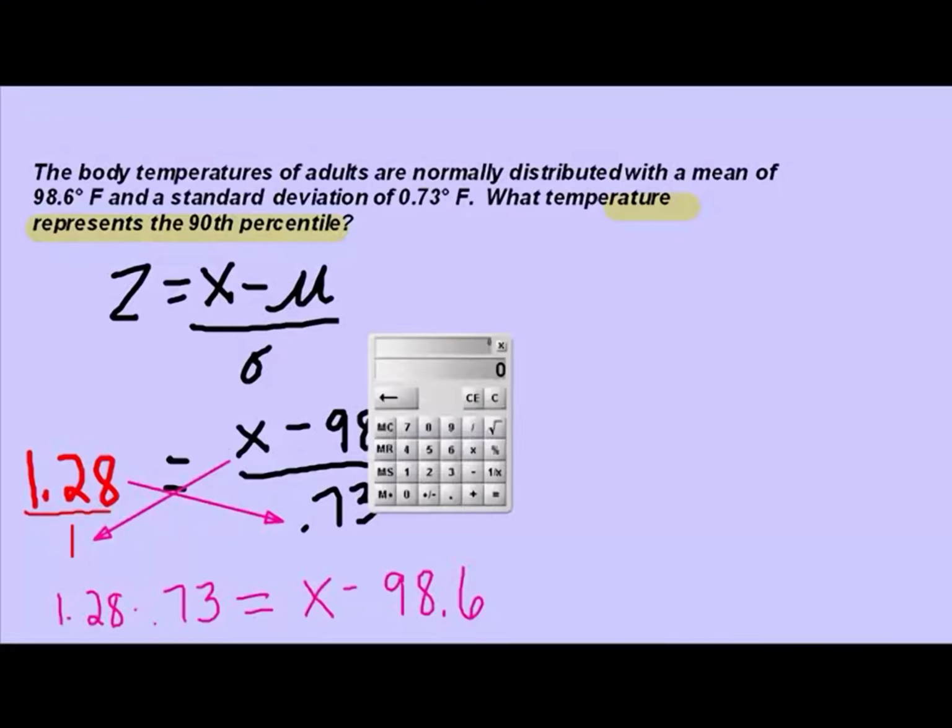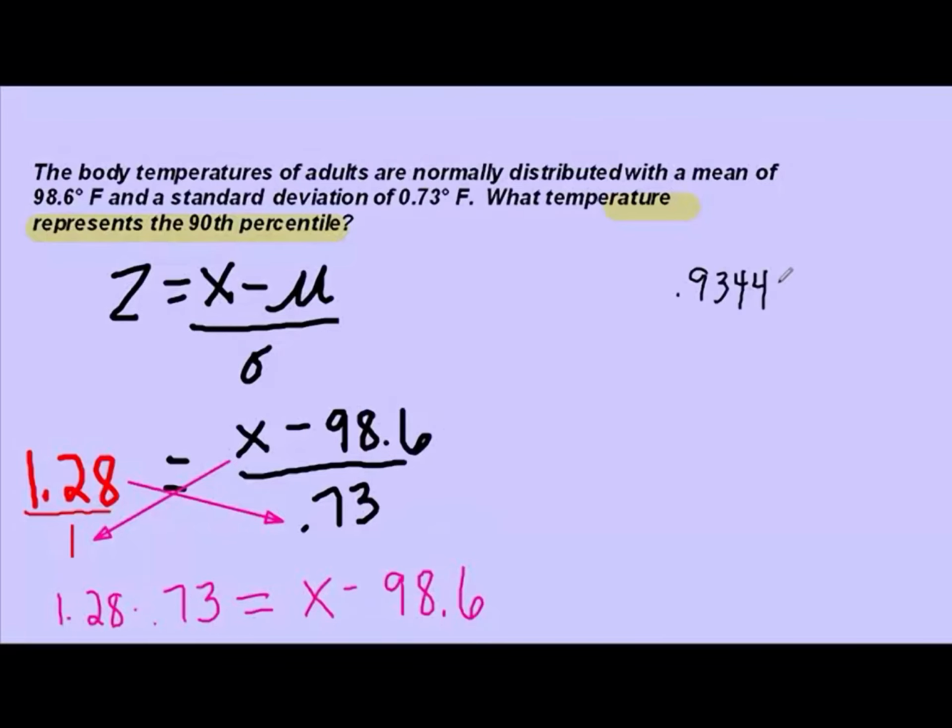Grab my calculator to find that 1.28 times 0.73 is 0.9344. This equals x minus 98.6, and if you remember from algebra class, to solve for x, we're going to add 98.6 to both sides of our equation.